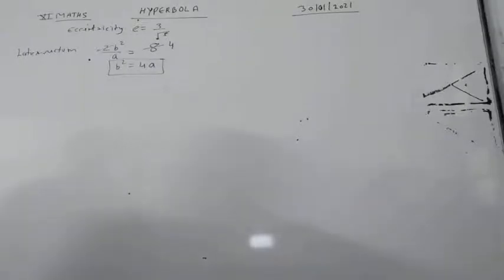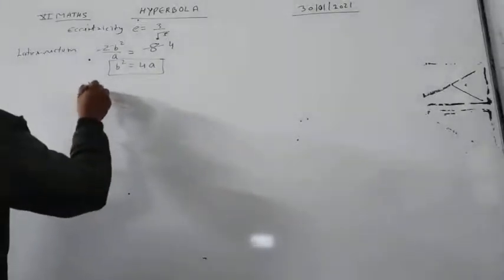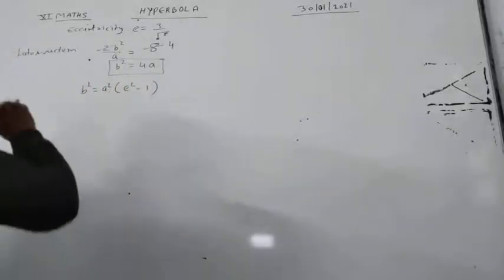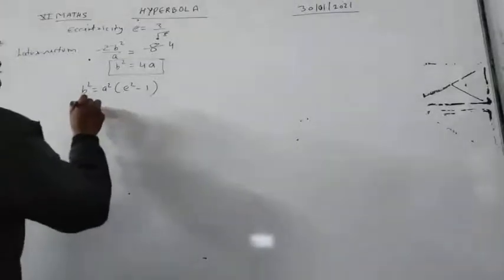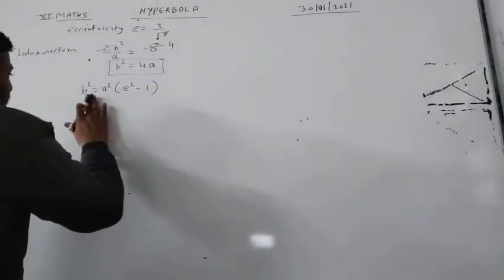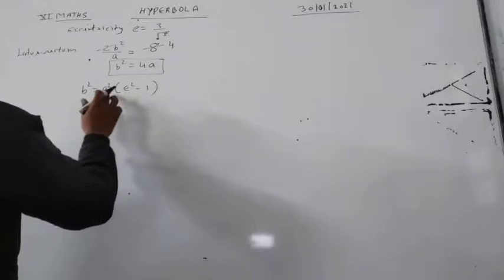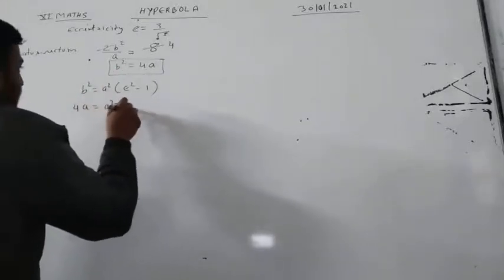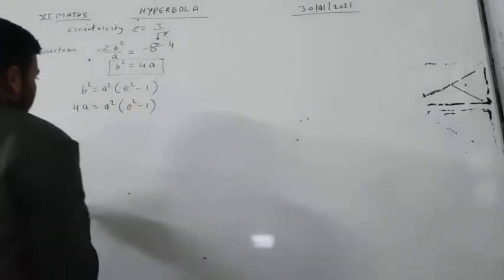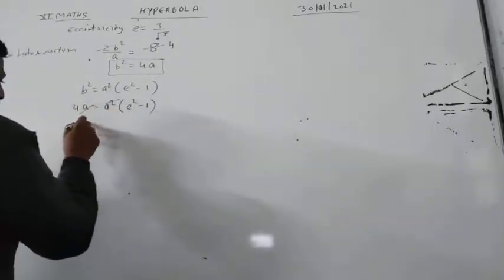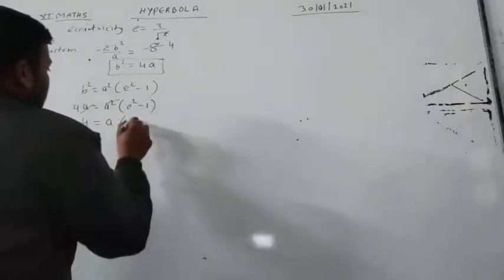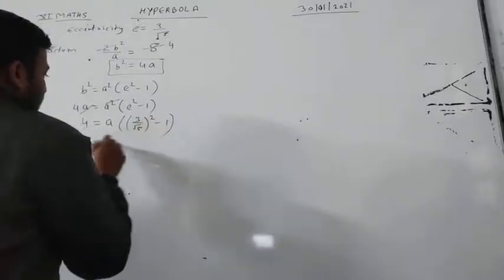Okay, so we know the formula b square is a square times e square minus 1, students. So b square is 4a, so we write here 4a, and a square into e square minus 1, and this a and a will cancel, so we get 4 is equal to a, and our e is 3 by root 5, so it's whole square minus 1.